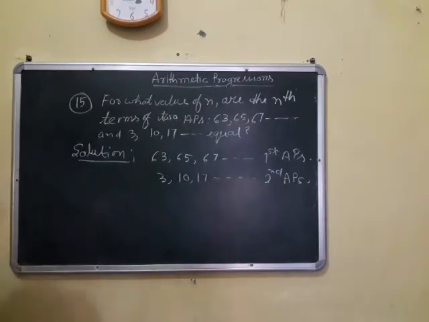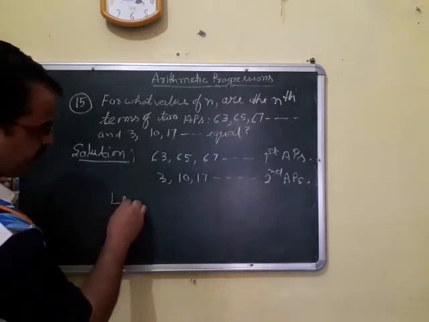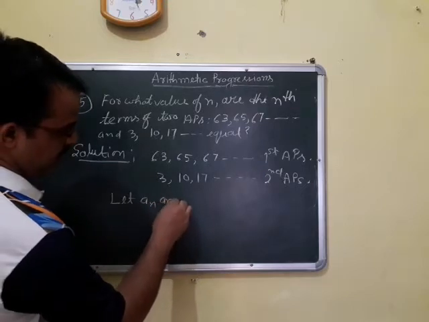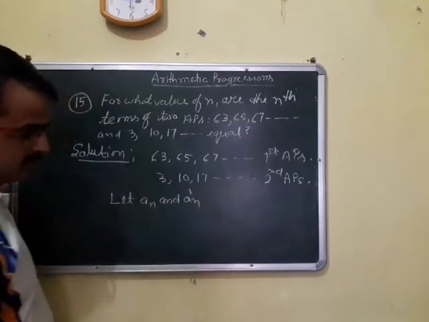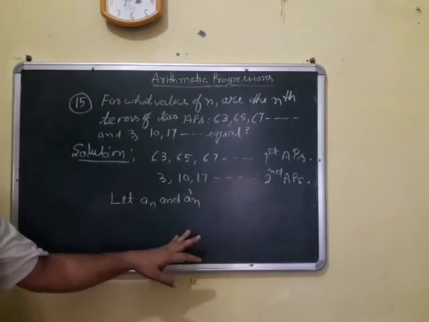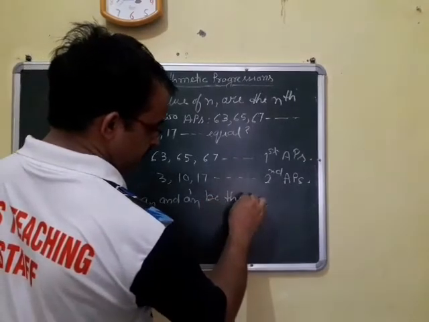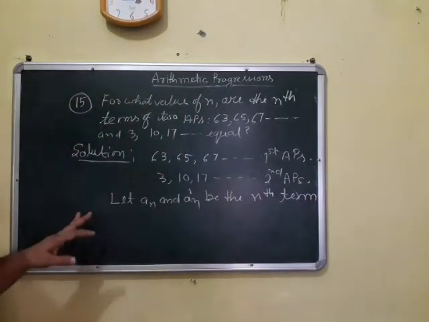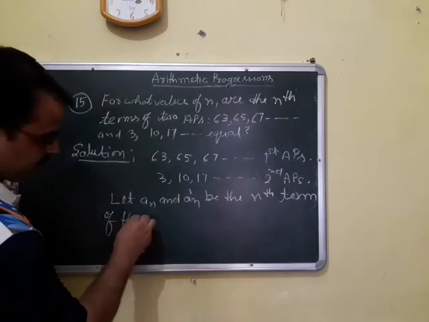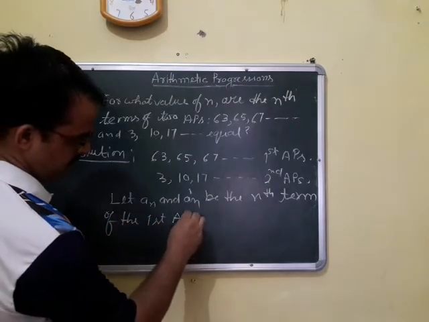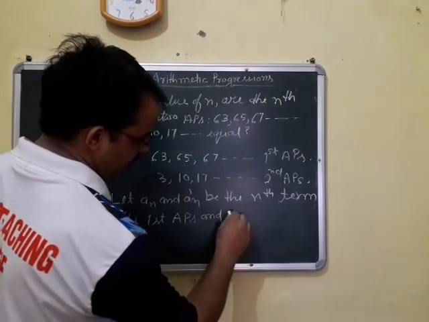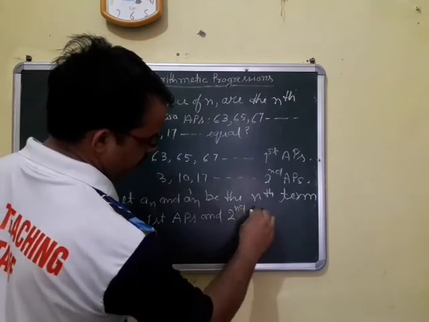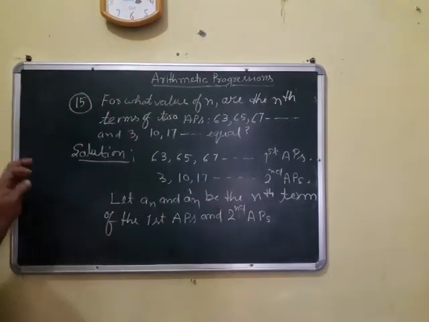Let an and an dash be the nth terms of the first AP and second AP. First AP and the second AP.